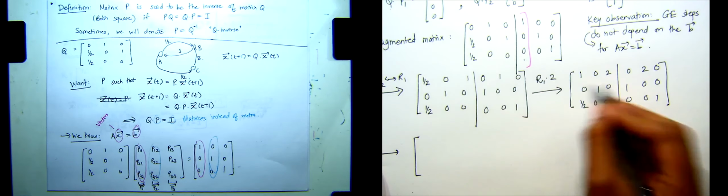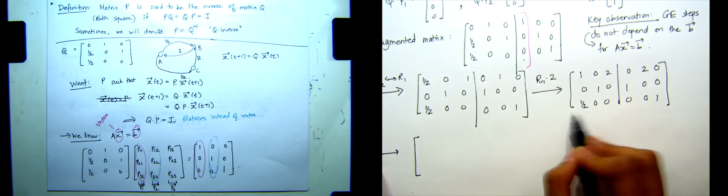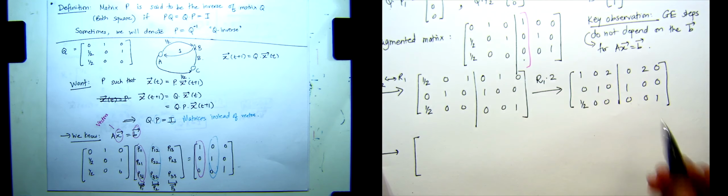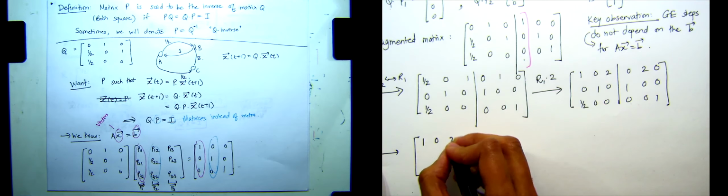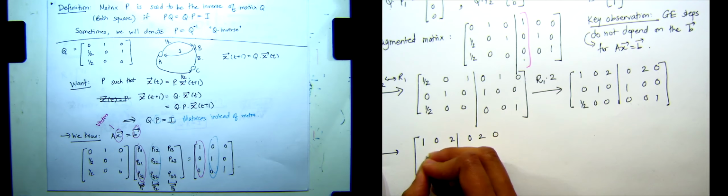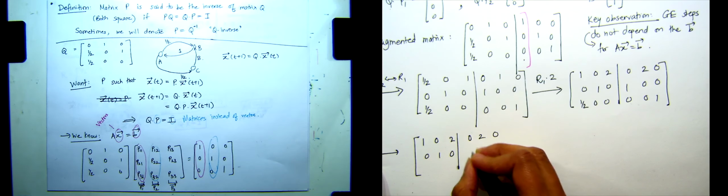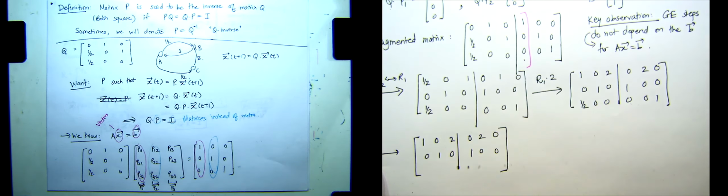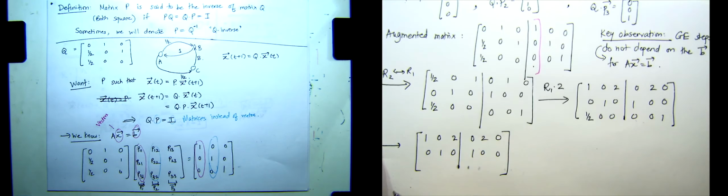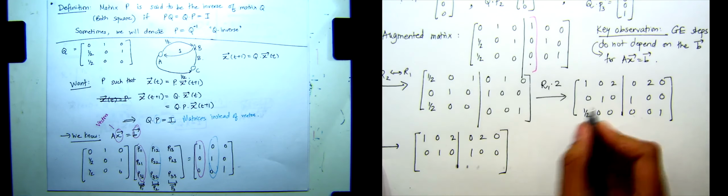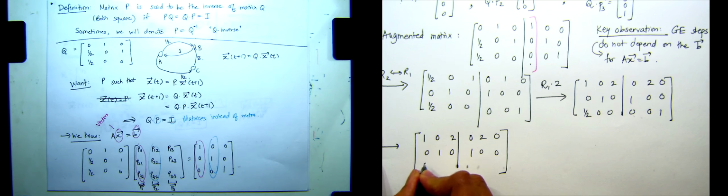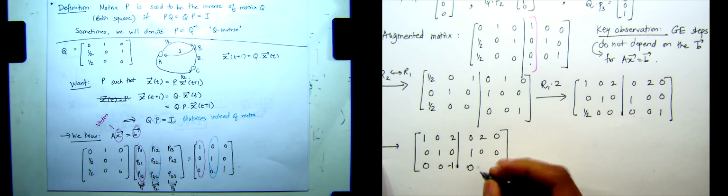Then what do I do? I basically use the first row to cancel out the third row, right? So I have 1, 0, 2, 0, 2, 0, 0, 1, 0, 1, 0, 0. And then here I have 0, 0, negative 1, 0, negative 1, and 1.